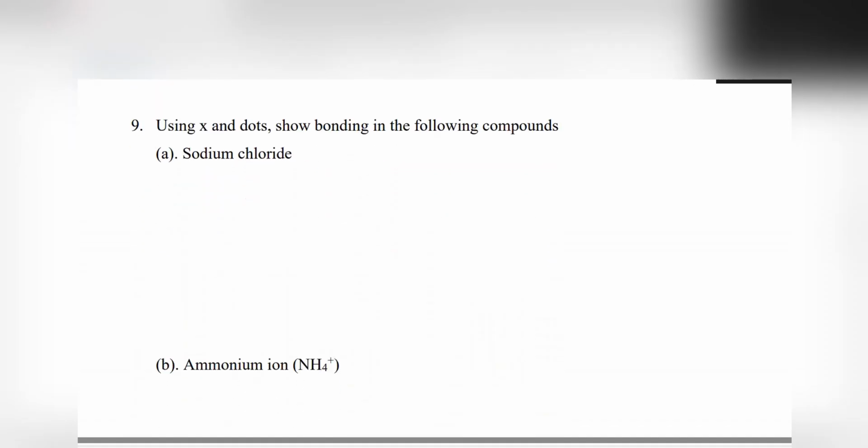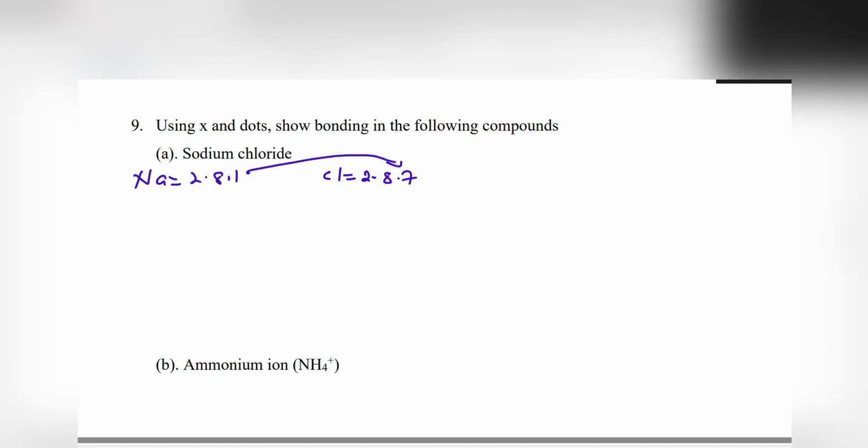We have sodium chloride. Remember, sodium is atomic number 11 with 2, 8, 1. We also have chlorine, atomic number 17 with 2, 8, 7. So sodium will lose 1 electron, which will be gained by chlorine in order to be stable.